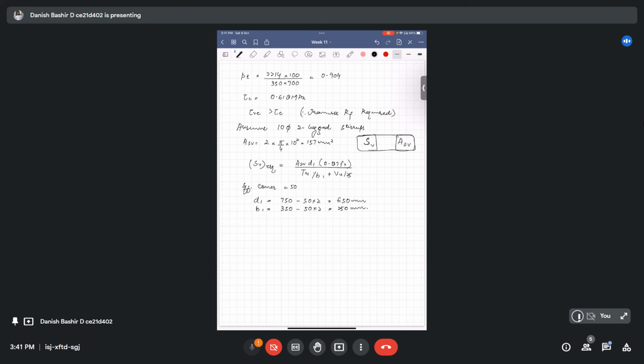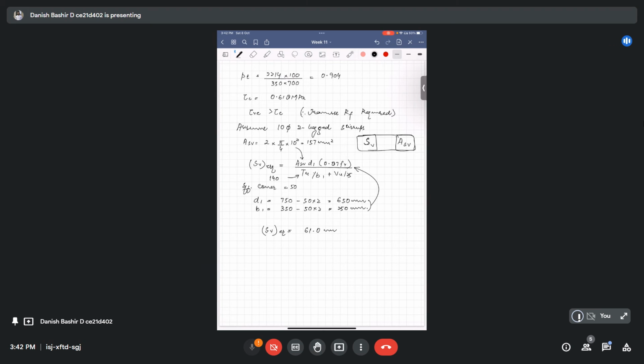When I plug both of these values here, I will get SV required. Plug the ASV from here, D1 we calculated, plug the TU as 140, and B1. Everything is calculated. When you calculate this, it comes out to be 61.0 mm.